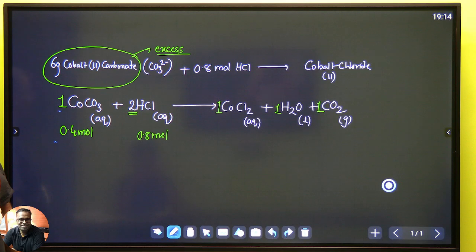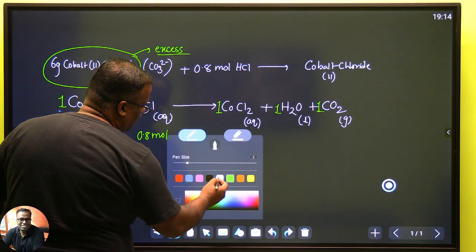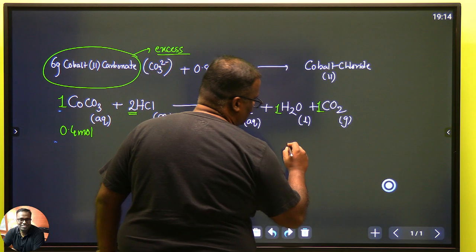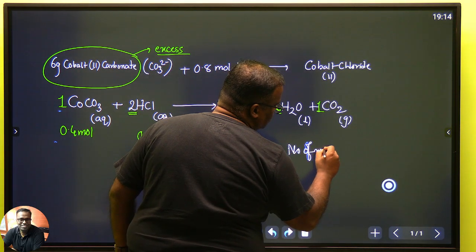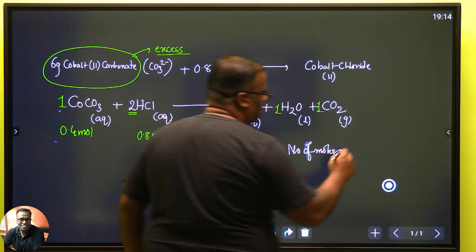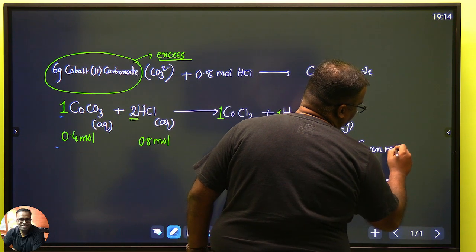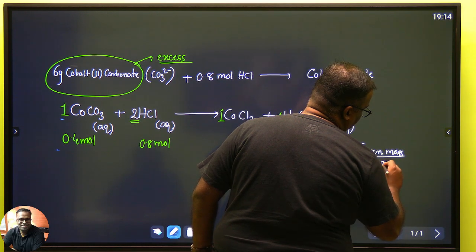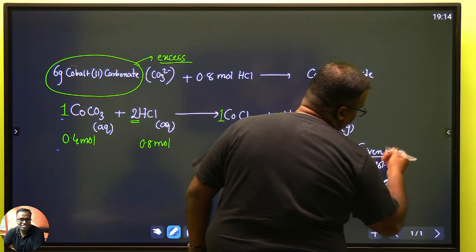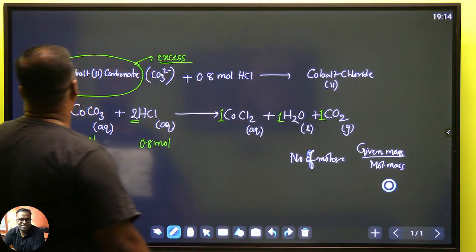Let's prove it now. To check the excess, convert this into moles. What is its molar mass? What was the formula for number of moles? Yes, very good, you have studied. So number of moles is given by given mass over molar mass or molecular mass. Given mass is there with you. Find out the molecular mass. How will you find it?